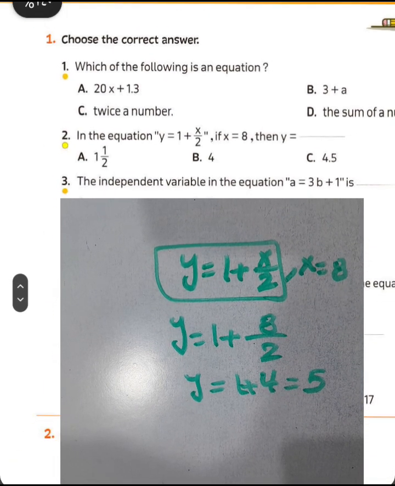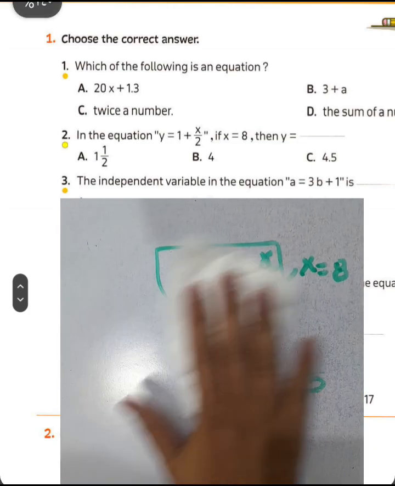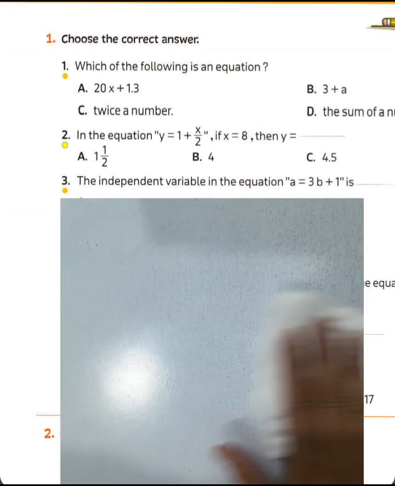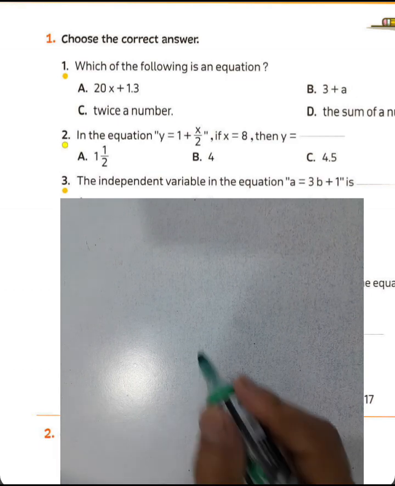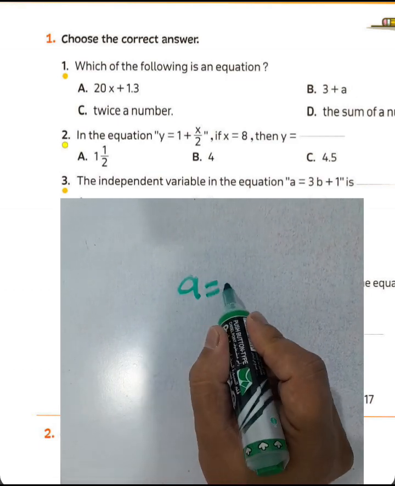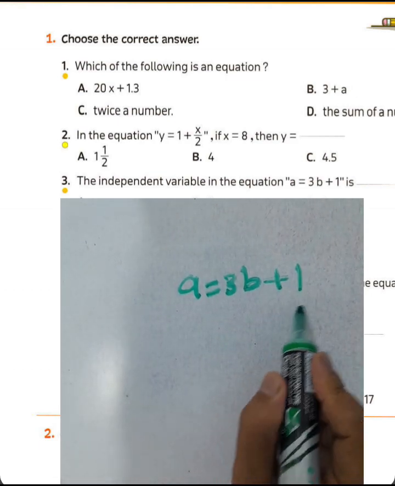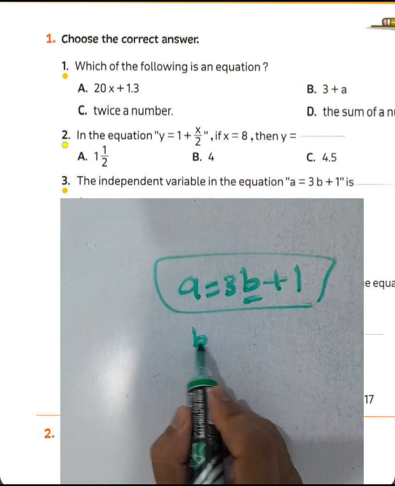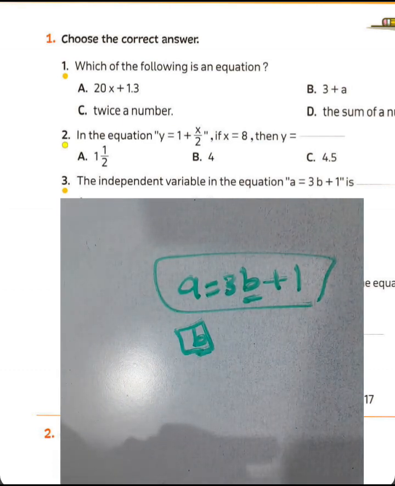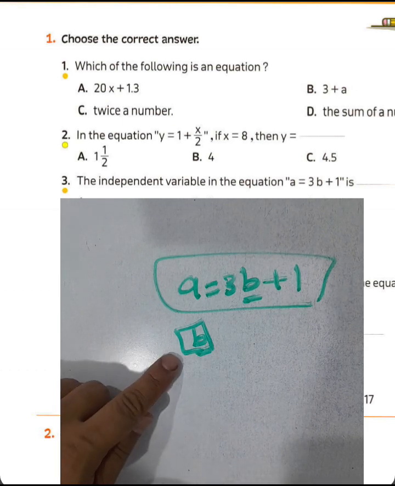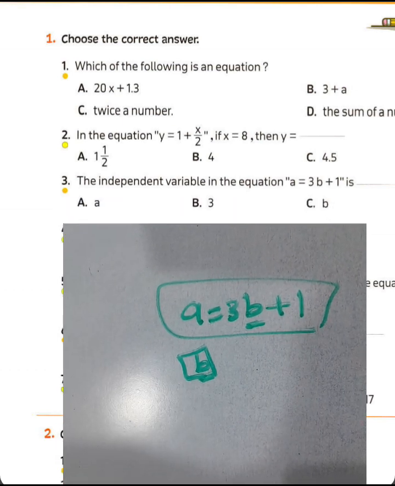Question number 3. The independent variable in the equation a equals 3b plus 1. The independent here is b. We call it the independent variable in this equation. It will be b.